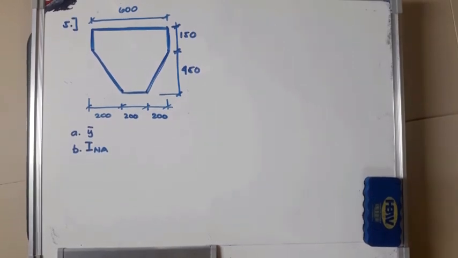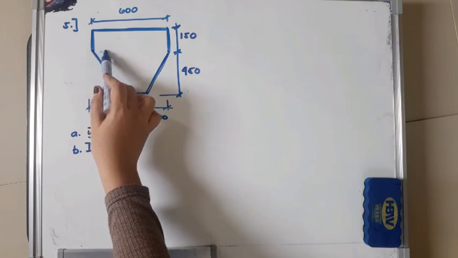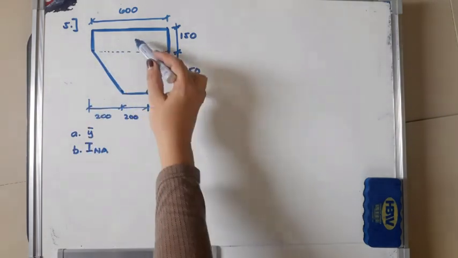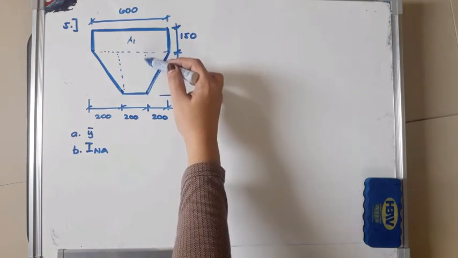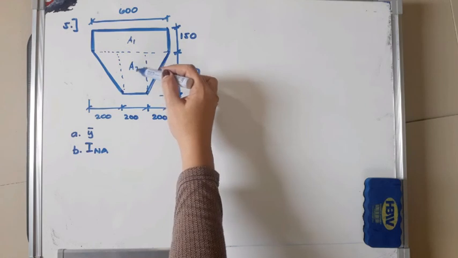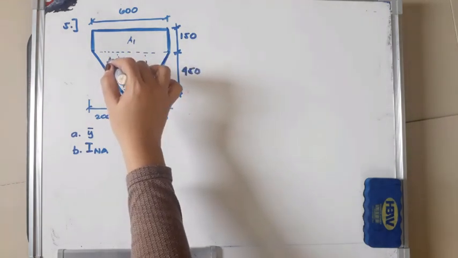Let's try this example number 5. So it is composed of rectangular and triangular sections. We can solve this in the longer way by dividing the shape into 4 different shapes. So this is area 1, this is area 2, and this 2 here, area 3 and area 4.